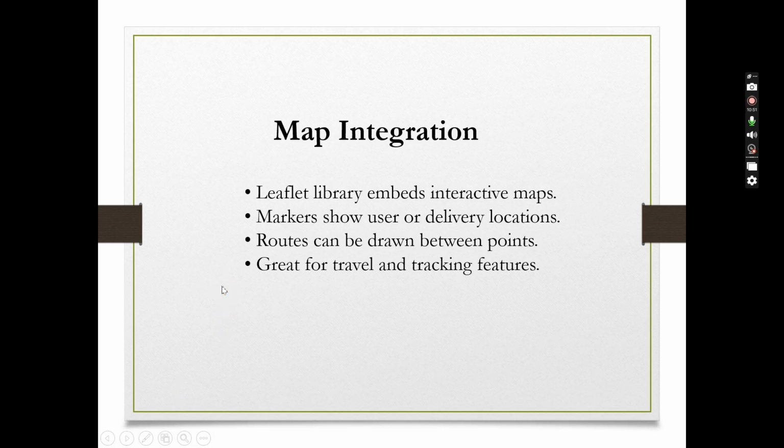Map integration. Homely Hub also includes a map feature created with the Leaflet library. It allows embedding interactive maps and showing specific locations or routes. This is helpful for displaying the destination place. Users can zoom, move or interact directly with the map, making it a very practical and visually appealing feature.